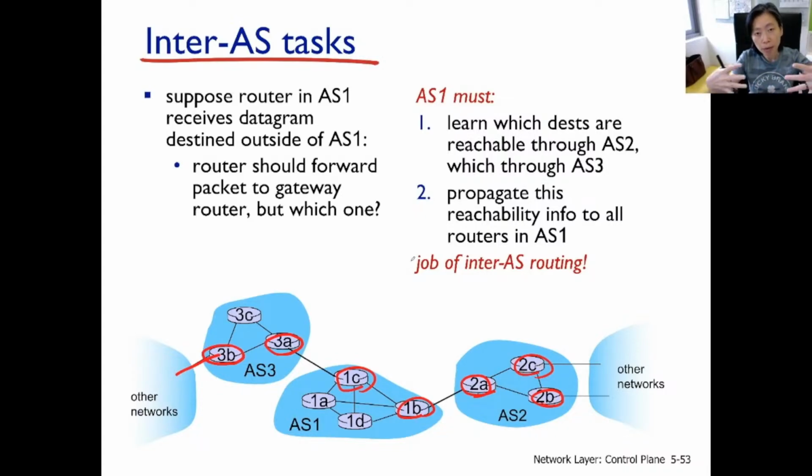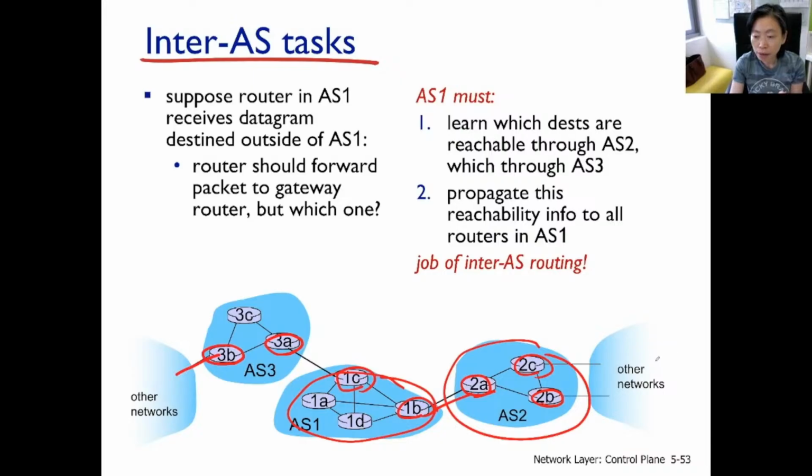These gateway routers at the higher level will be running the inter-AS routing, which is another routing protocol, and they will all be running the same routing protocol. They will exchange information with each other using link state or distance vector routing to come up with the shortest path. But this time, the shortest path is what? If I want to go from AS1 to AS2, the shortest path is to go directly from AS1 to AS2.